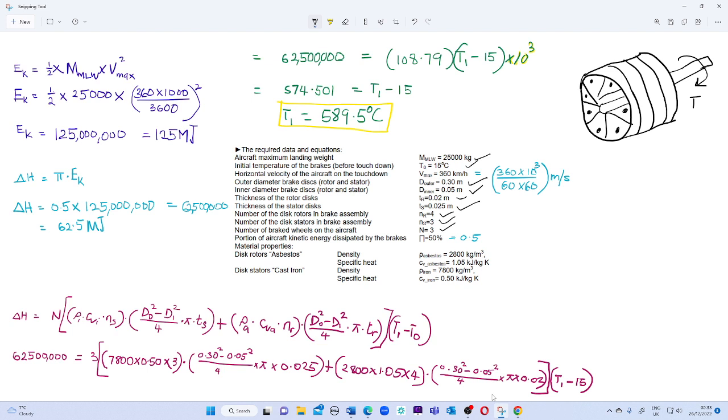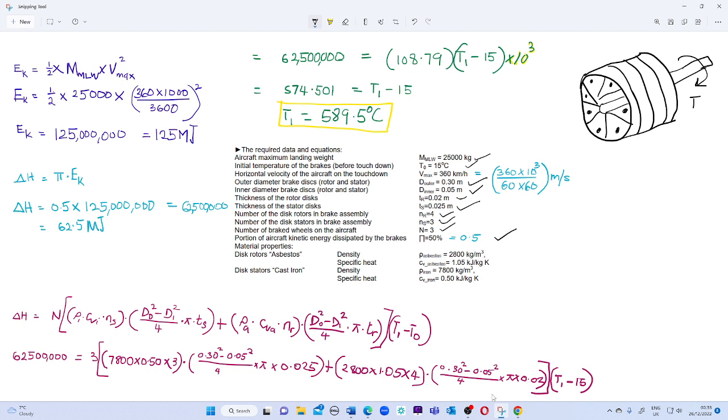Also, we're given the kinetic energy dissipated by brakes, which is supposed to be 50%, which is 0.5. Also, we're given the material properties of our disc, rotors, and stators.